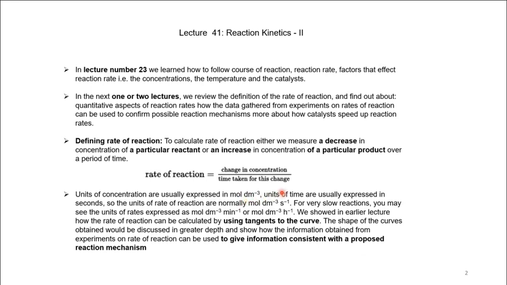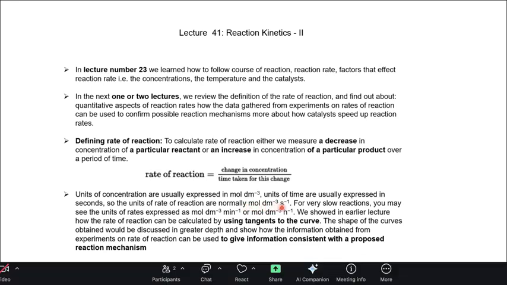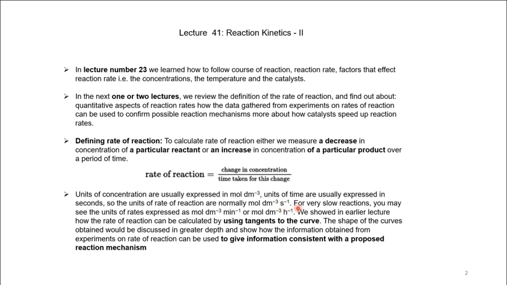Units for time are usually expressed in seconds. And then rate of reaction units are normally mole per cubic decimeter per second. Well, for a very slow reaction, we may express the time as per minute or even per hour.